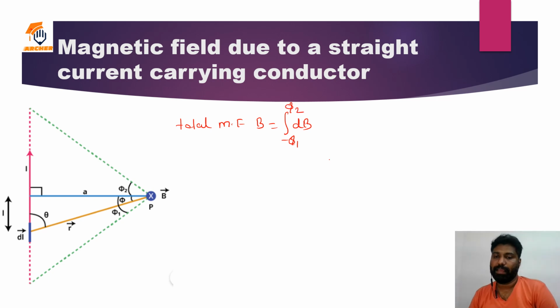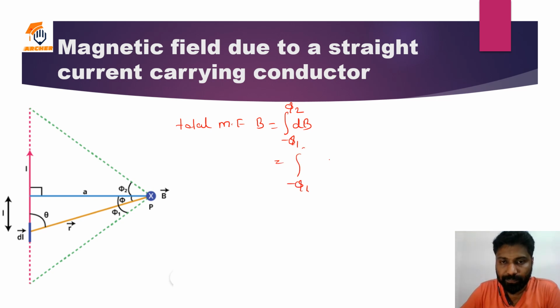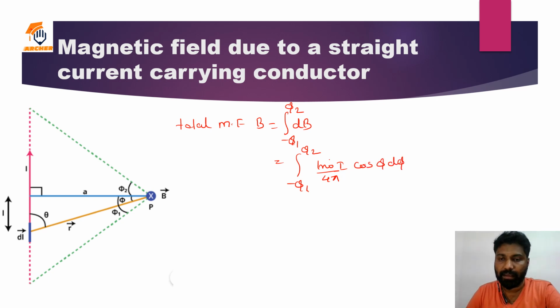So our equation is the integral from minus phi 1 to phi 2 of mu 0 by 4 pi I cos phi d phi, right?